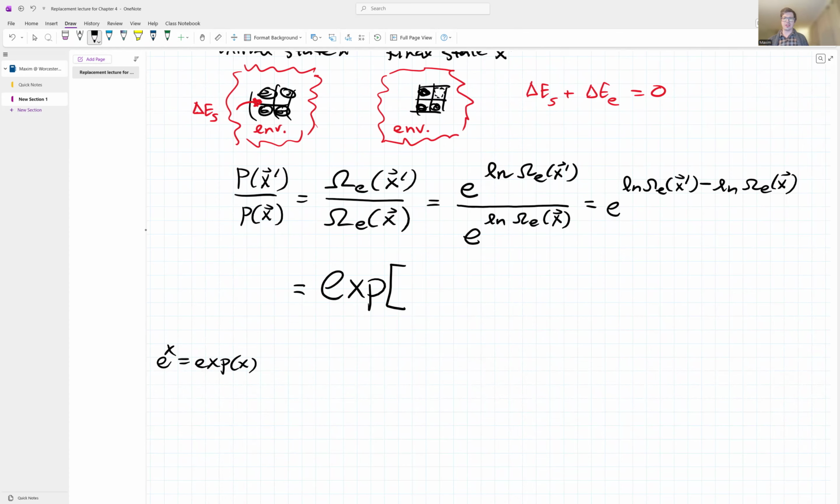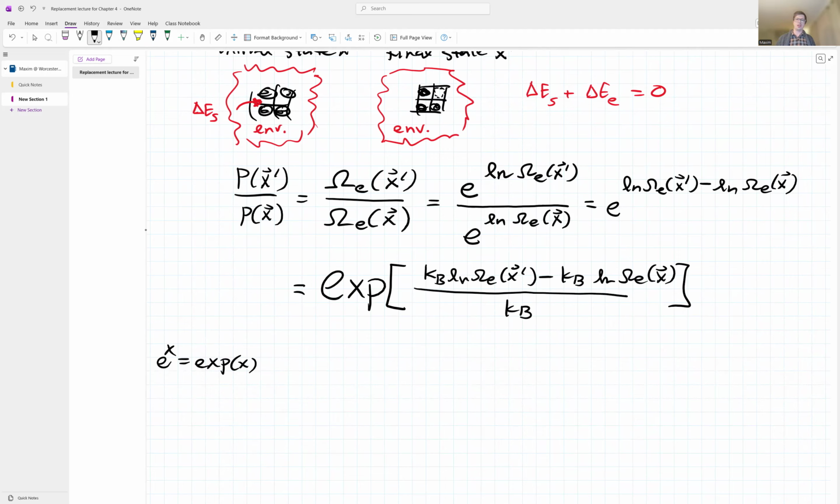So you multiply the top and bottom by the Boltzmann constant, and you get this, all over k_B.